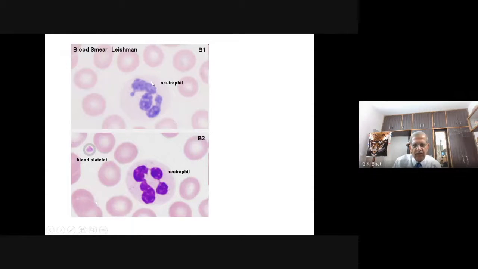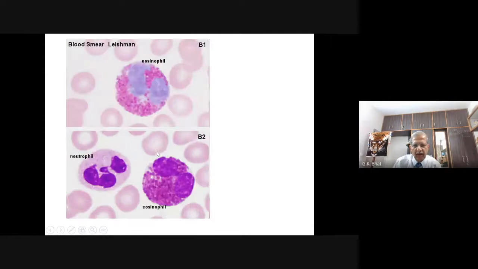You can see here, this is a diagram showing you the neutrophil with many lobes. That's the main point. Multi-lobed one. Neutrophils. And this is the eosinophil, bilobed, with two lobes.